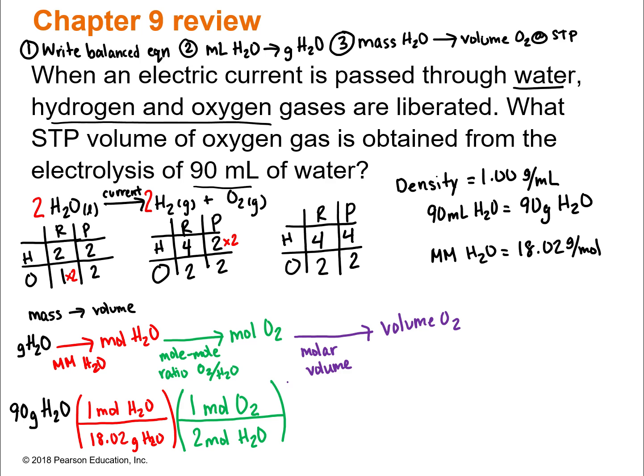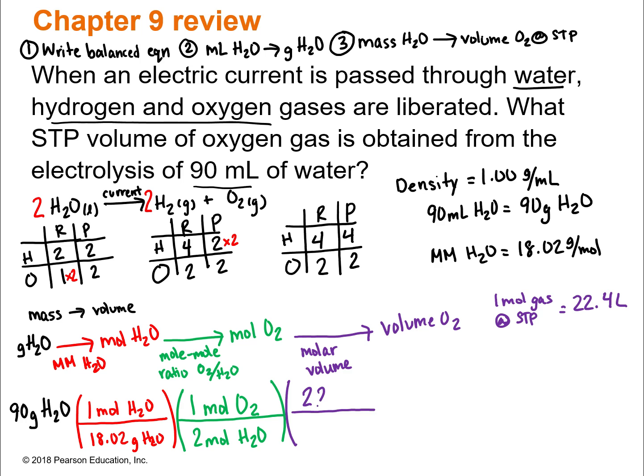The last part is to use molar volume. 1 mole of gas at STP has a volume of 22.4 liters. And that's from chapter 8. So we're going to use this unit equation to write a unit factor because we need to get the number of liters.